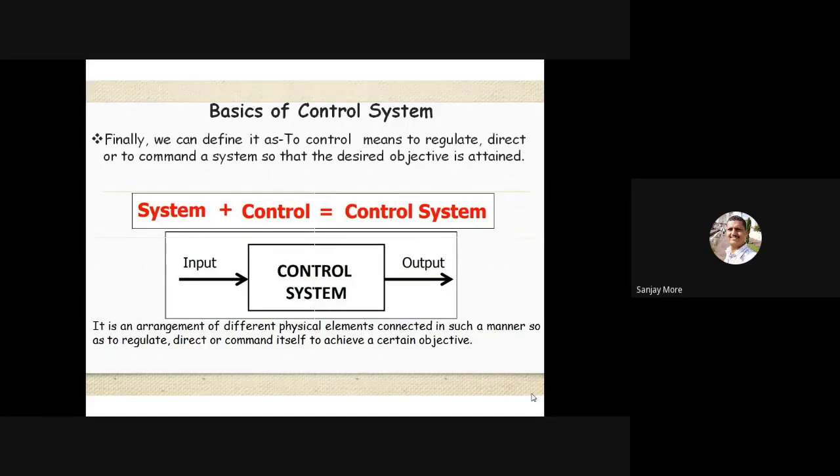Okay. See the diagram: input, control system and output. System plus control is equal to control system. It is an arrangement of different physical elements connected in such a manner so as to regulate, direct or command itself to achieve certain objectives.